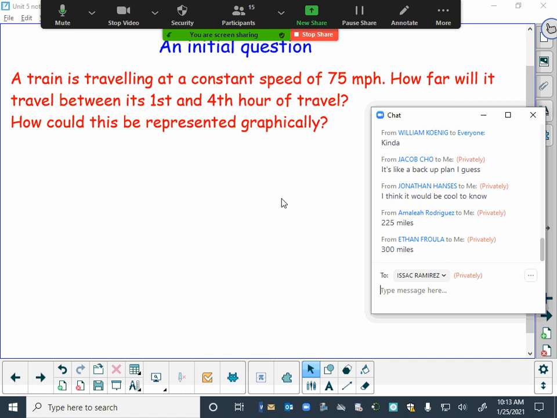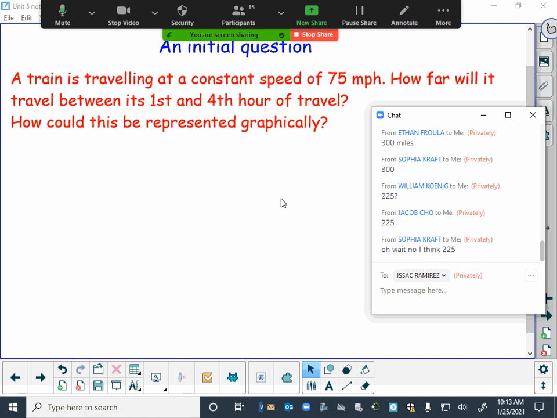So I've got a couple of answers here. I've got a 225 and a 300. I've got another 300 coming along, another 225, and more 225s.